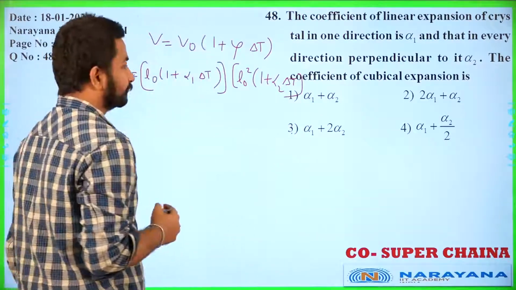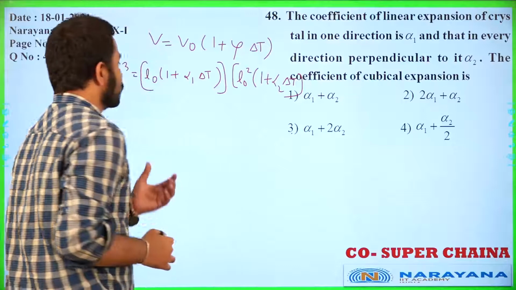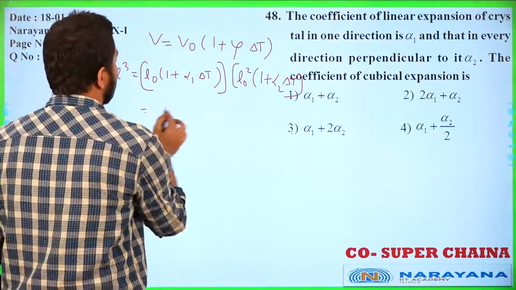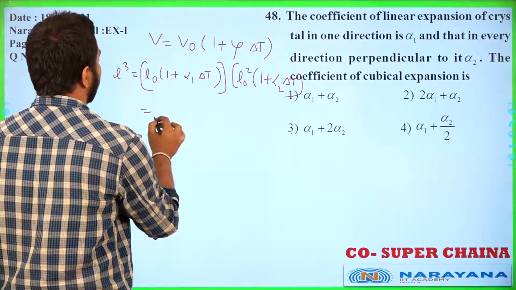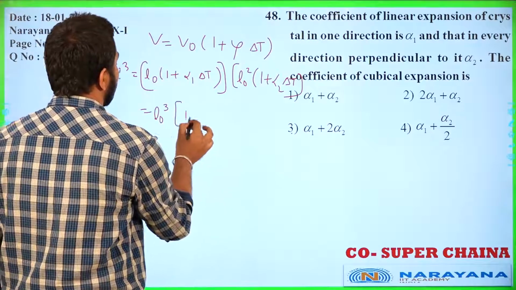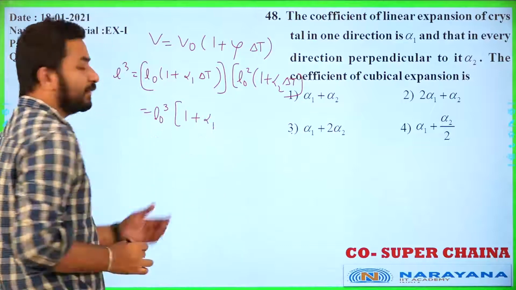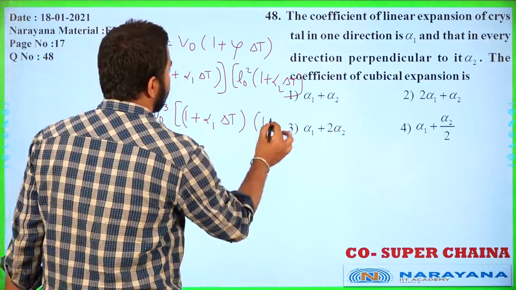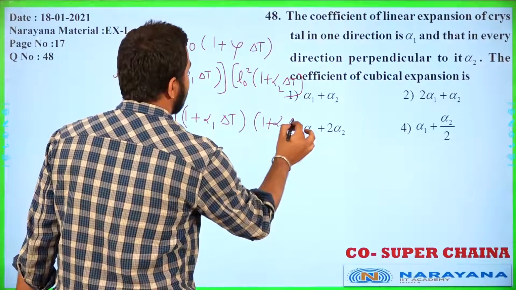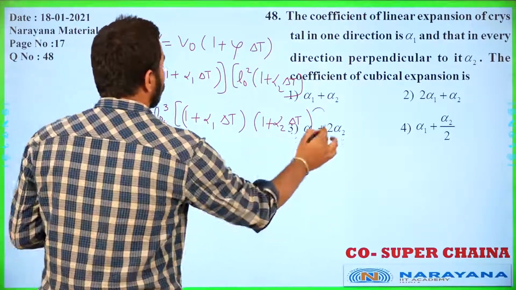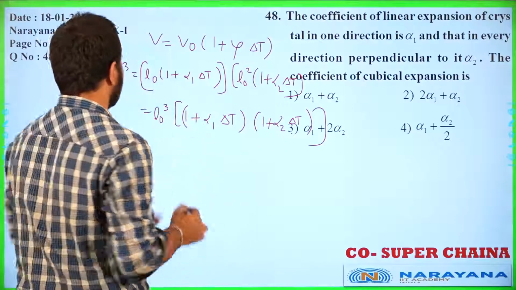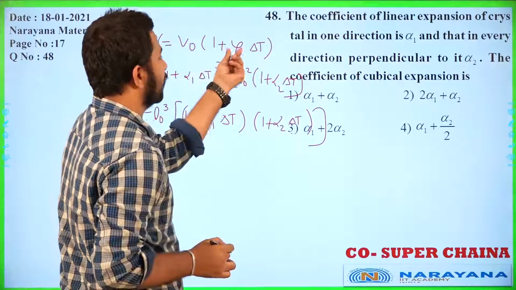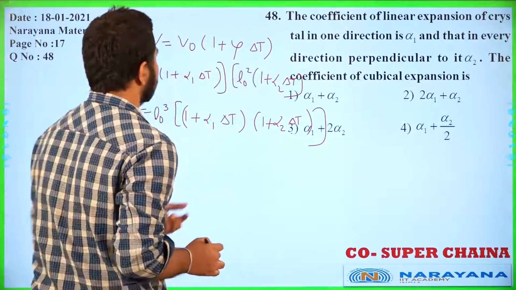So if we multiply L into L naught, this will become my L naught cube, and we multiply (1 plus alpha 1 delta t) with (1 plus alpha 2 delta t). If you multiply this, this is L cube, and if you equate it with this one, this is the average coefficient of expansion which you need to get here.